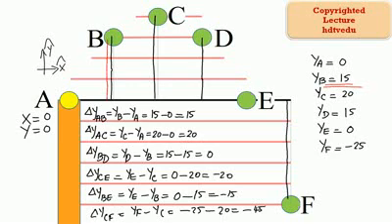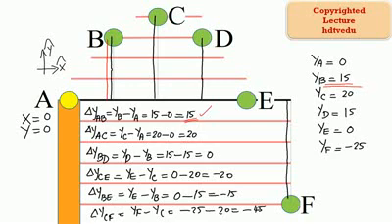And don't forget, delta y between points A and B is positive 15 because point B is vertically above point A. Not directly above, but vertically above point A. So vertical displacement between points A and B is going to be positive 15.